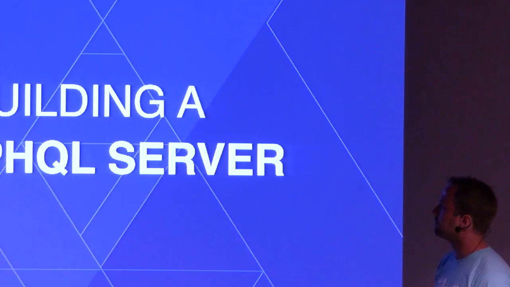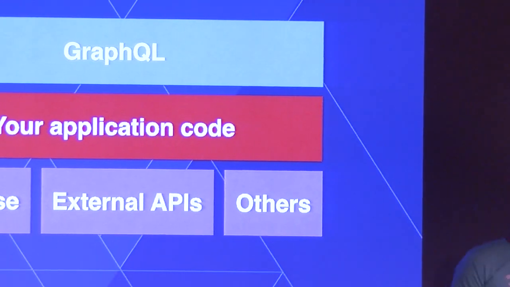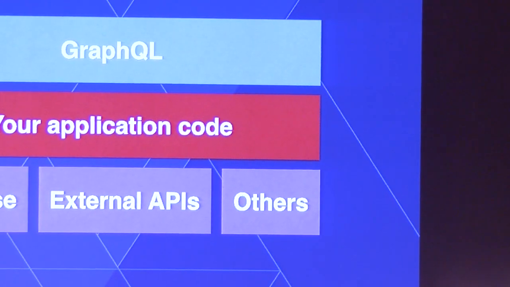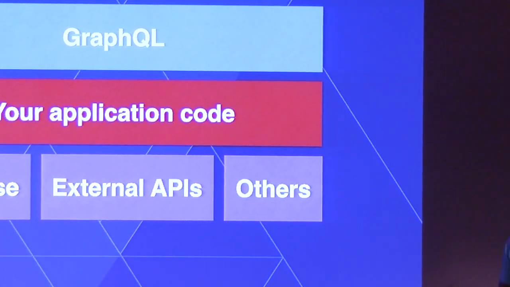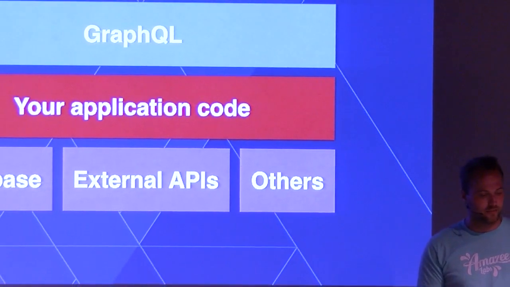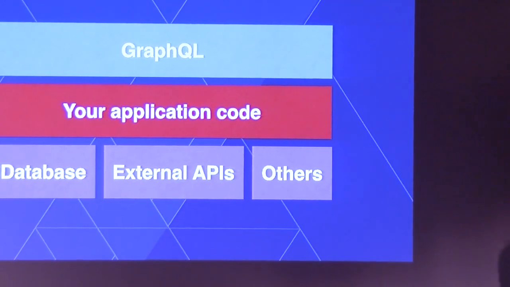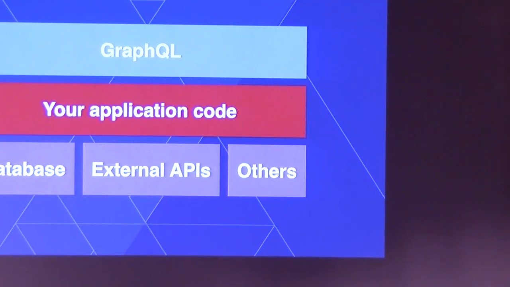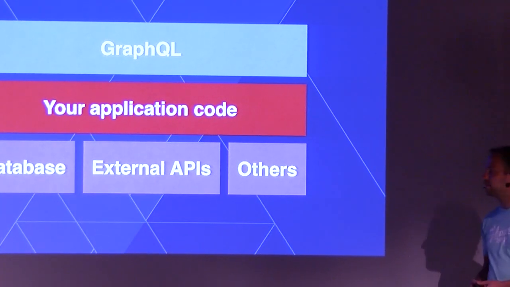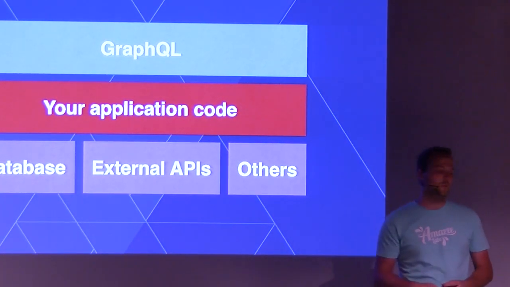Right. So building a GraphQL server is exceptionally simple. It's actually one of the simplest things that you can think of when you are building an API compared to setting up a proper REST server. It's much easier to create a GraphQL implementation because at the end it's just function calls. So first of all, you will have a database or maybe other external services that you want to communicate with.